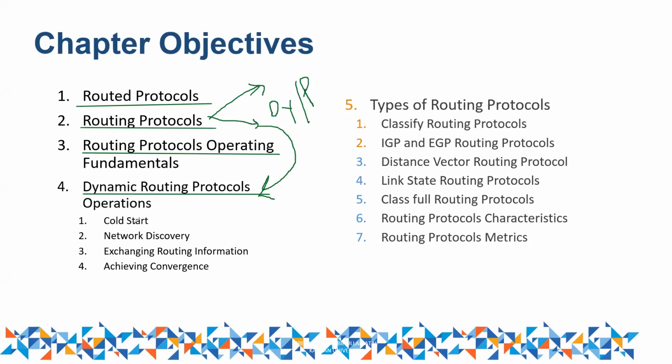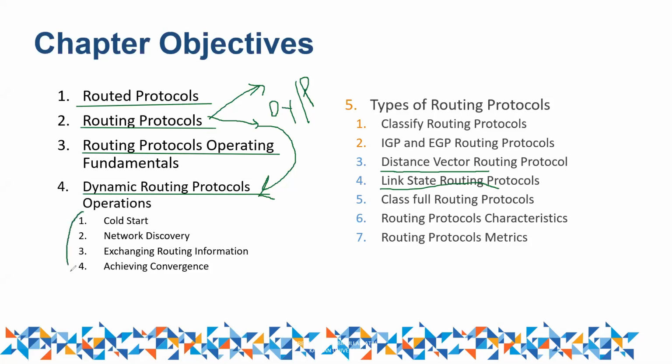Dynamic routing protocols. In the classification of dynamic routing protocols, we will try to cover the interior gateway routing protocol and the exterior gateway routing protocol, and other things. And then we will specifically focus on the distance vector and the link state routing protocols. These things will be covered.